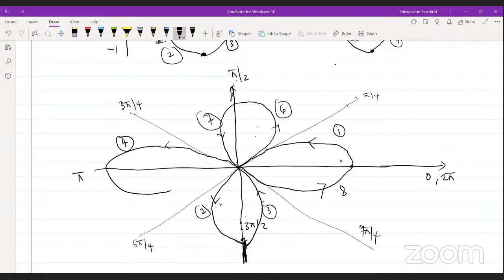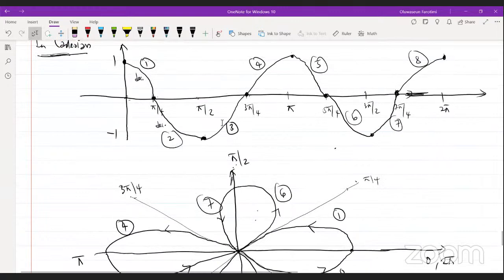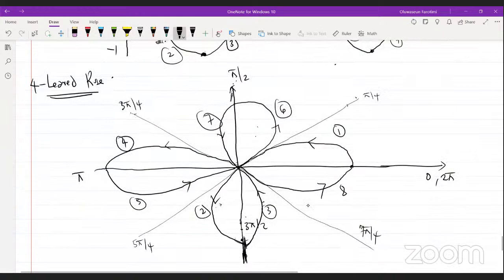This guy, decreasing, collapses to 0. Okay, so this is number 5. This is what we call a famous 4-leaved rose. This is a leaf, this is a leaf, this is a leaf, this is a leaf, so it's 4.